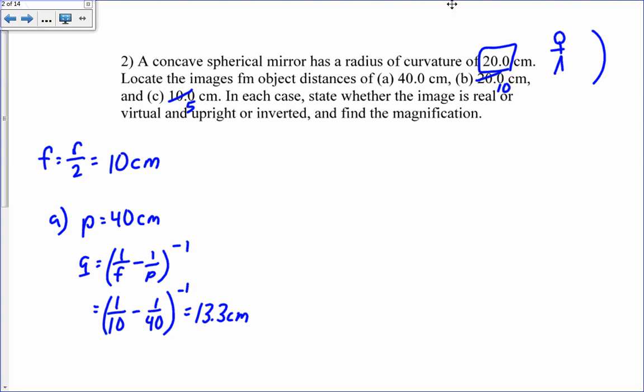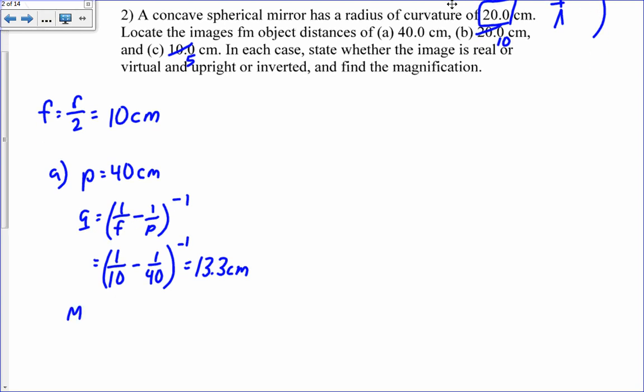For when my object is at 40 centimeters, I can find my magnification, negative Q over P. And that is a magnification of negative 0.33.